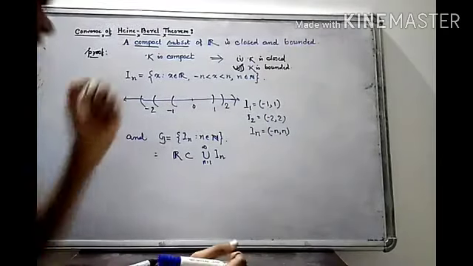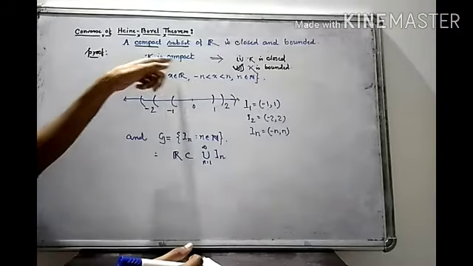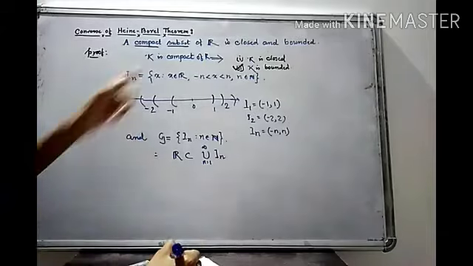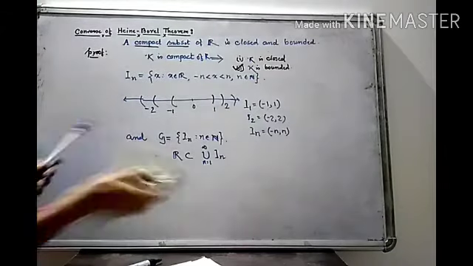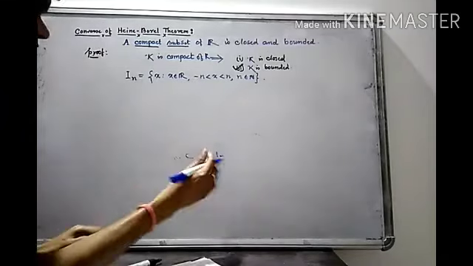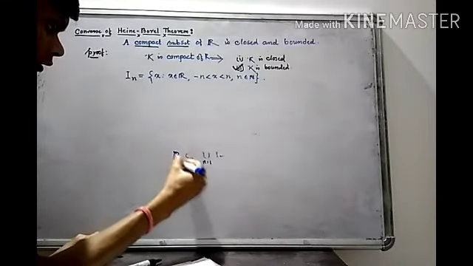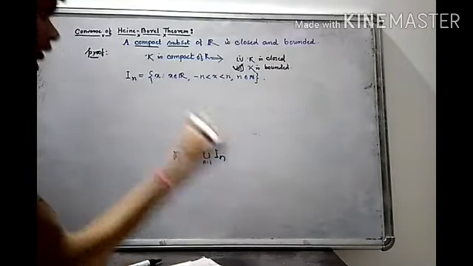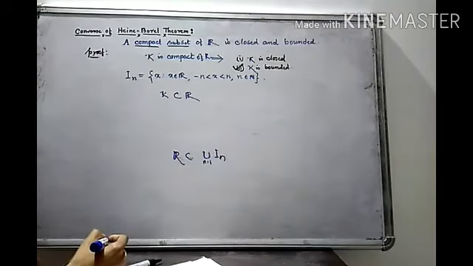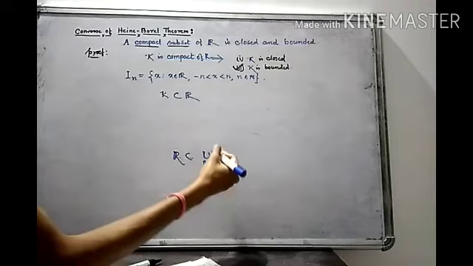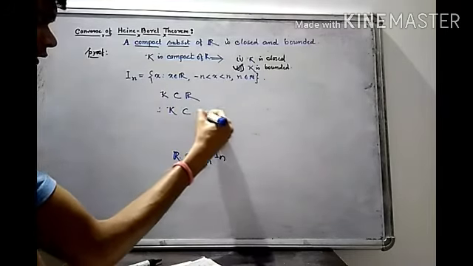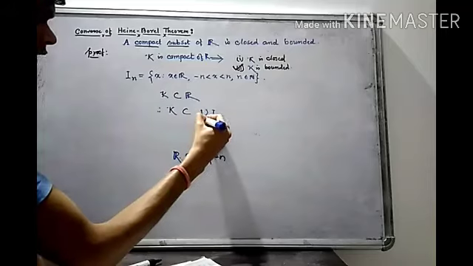Clear? And what is given? K is a compact set of R. That means K is a subset of R, it is given. And from here, R is a subset of the union of this. That means from here we can easily say that K is a subset of the union of In, n equal to 1 to infinity.